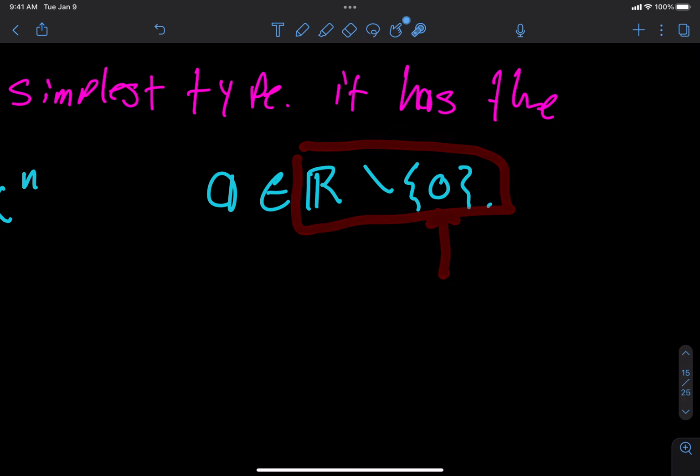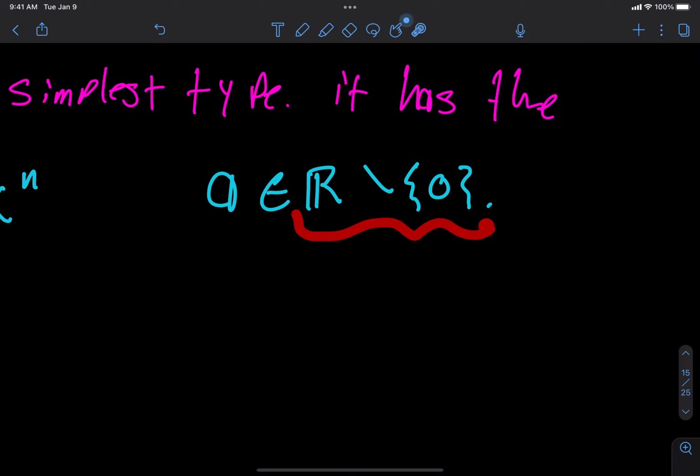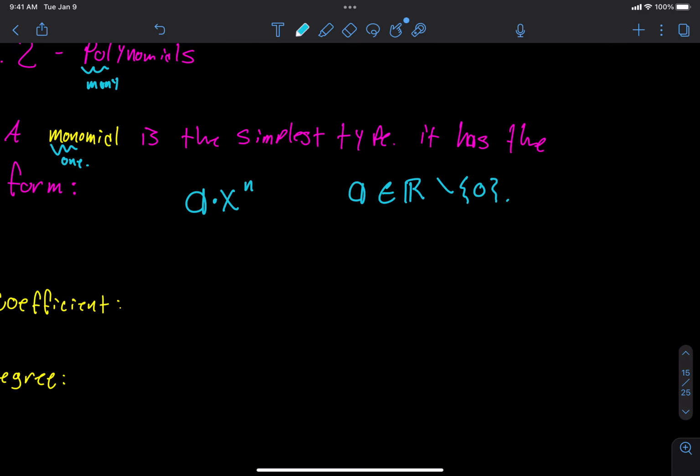That's what this set is. It's a bucket. It contains all of the real numbers that there are, except for 0, because I've removed it artificially. So a is a real number. And how about n? If we're doing polynomials, then n needs to be a whole number.